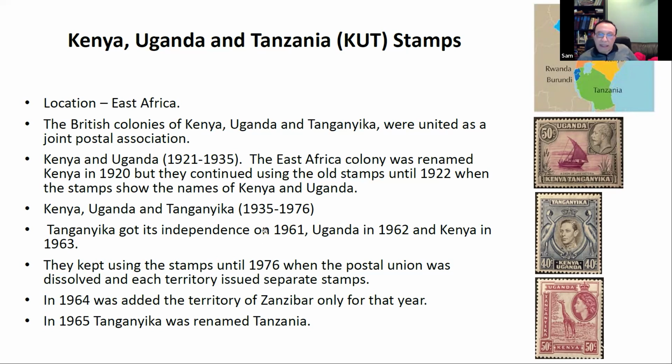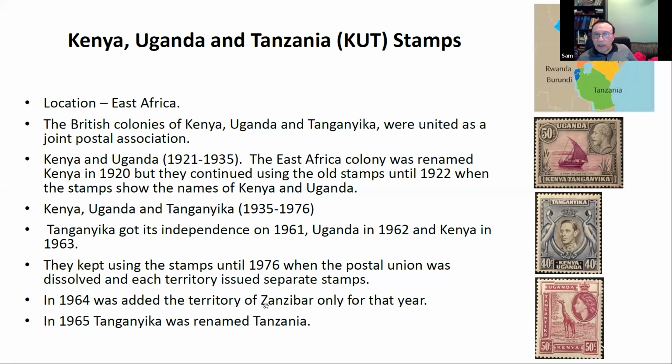That was its original name. Early in the 60s, they all got independence from the British Empire. But they kept using the stamps of Kenya, Uganda, and Tanganyika, or Tanzania at one point, until 1976. The only difference is that after the early 60s, no monarch appeared on the stamps any longer because they were independent from the British Empire.